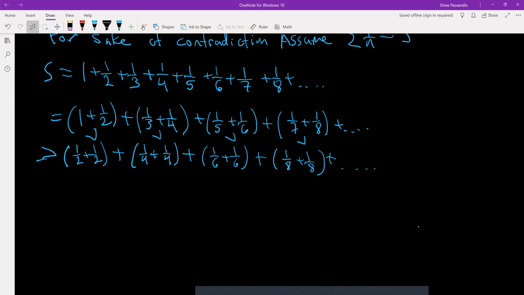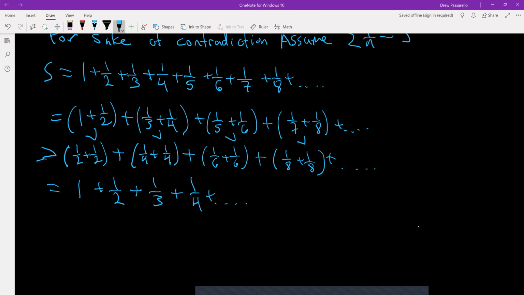And what is this going to give me? So that's going to be 1/2 plus 1/2 is 1. 1/4 plus 1/4 is 1/2. So all of this is equal to 1 plus 1/2. 1/6 plus 1/6 is 1/3. 1/8 plus 1/8, 2/8, 1/4. And you see that this is the same thing as s, right?